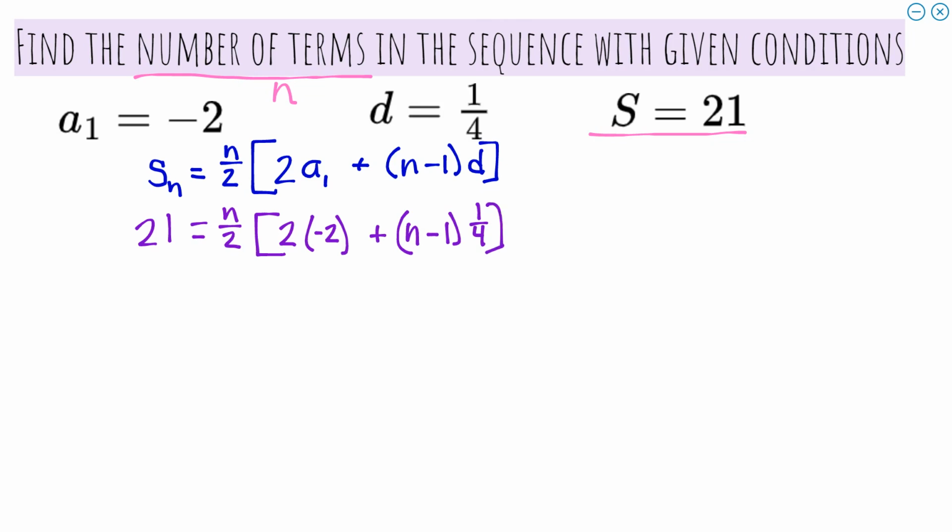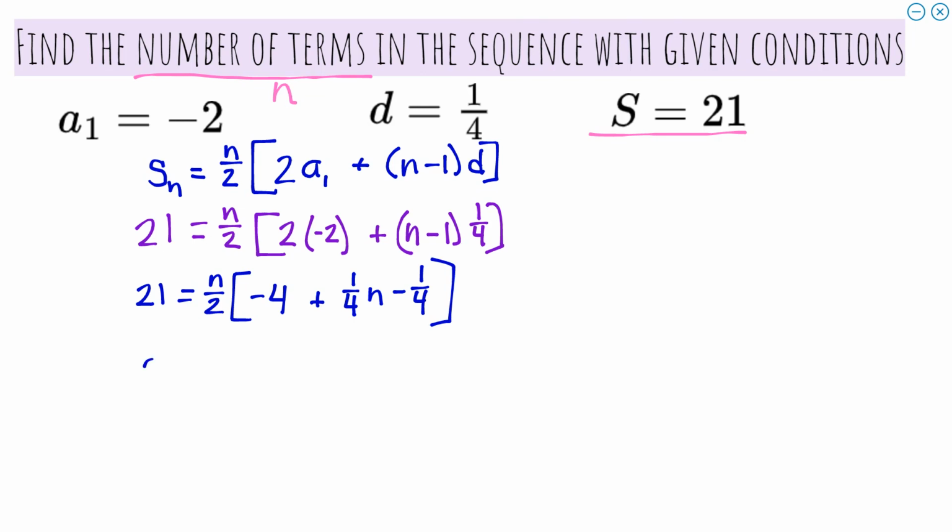Okay, let's simplify this and see what pieces we can get here. So I've got my 21, my n over 2. We've got -4 here. And then I can do this multiplication over here. We're going to have our 1/4 n minus 1/4.